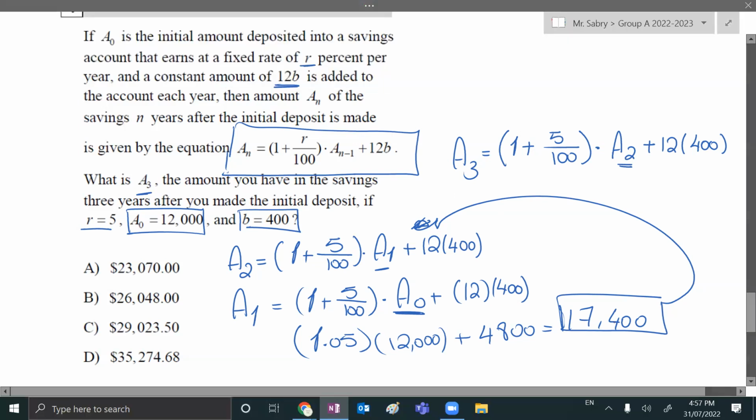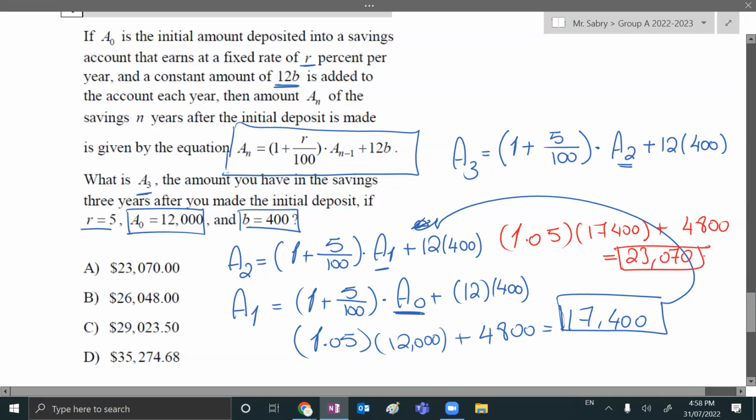I'll substitute this 17,400 into this function here. So it's now 1.05 and then multiplied by 12,000. Sorry, instead of 12,000, I'll multiply by 17,400 now. And then plus 4,800. Put this on a calculator. It will come out as 23,070.